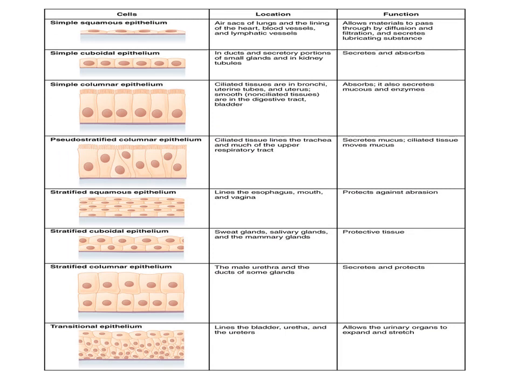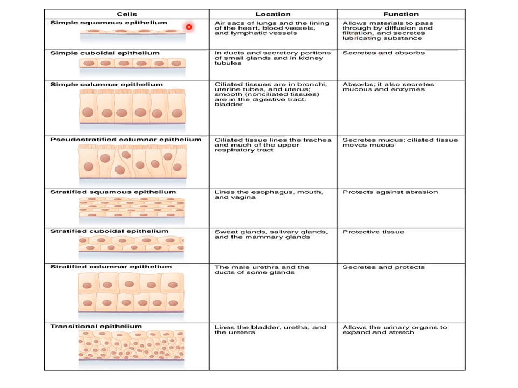Now, according to the particular epithelia and location, they have certain functions. The simple squamous epithelium lines the lungs, the blood vessels, and the lymphatic vessels. It consists of a single layer, so it allows material to pass through by diffusion. It also lines the alveoli of the lungs, where the minimum number of layers is required for diffusion and filtration.